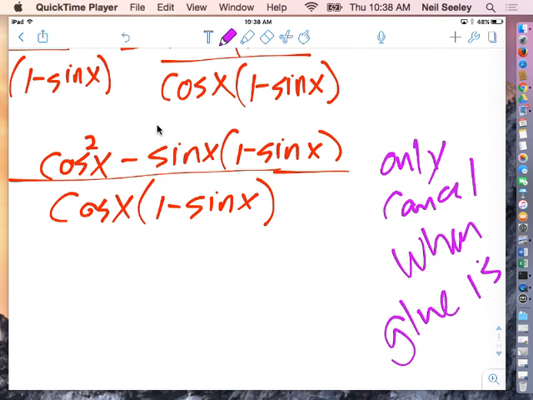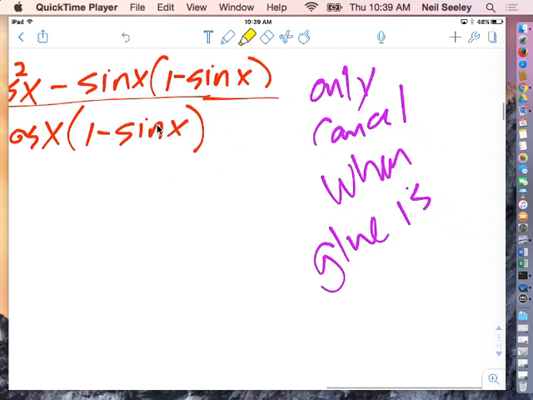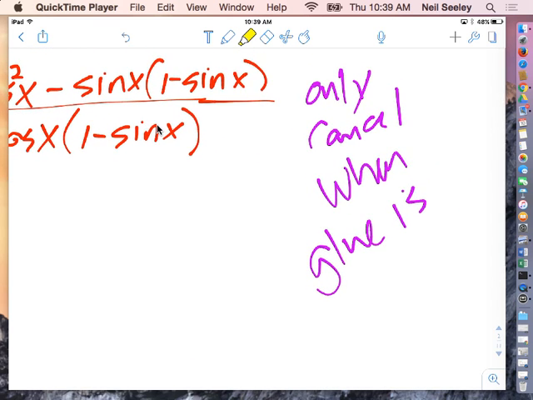I cannot cancel, for instance, a bad example, those cosines, because the glue holding that cosine on there is actually a plus sign out here. You cannot cancel things that are added or subtracted. No, don't do it. But if the glue, it's funny, I'm looking at that word cancel and it doesn't look anything like cancel. Let's try that again. Cancel when glue is multiplication.